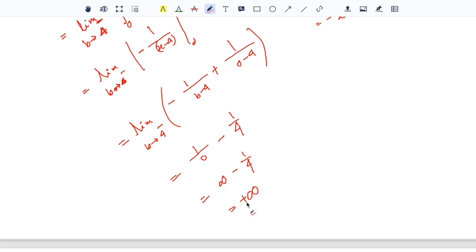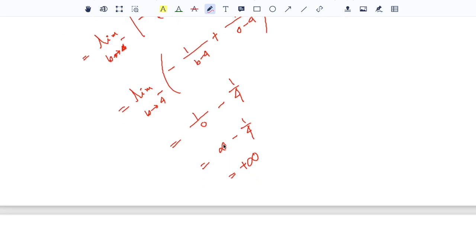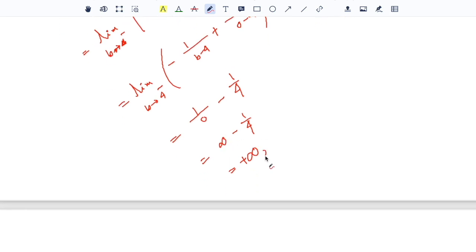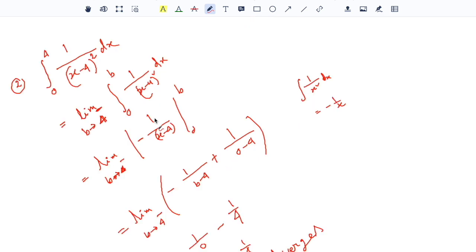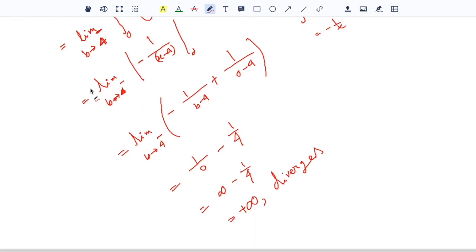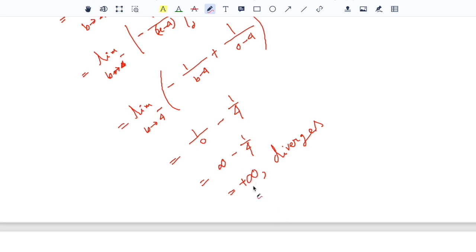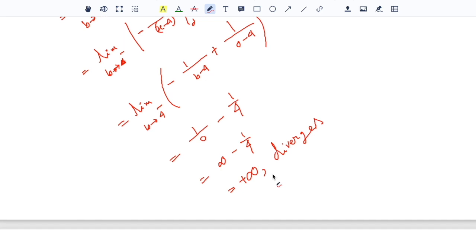It will be plus infinity. So the integral diverges. There is no value of this integral. So what is the result? This integral diverges to plus infinity, and it has no value.